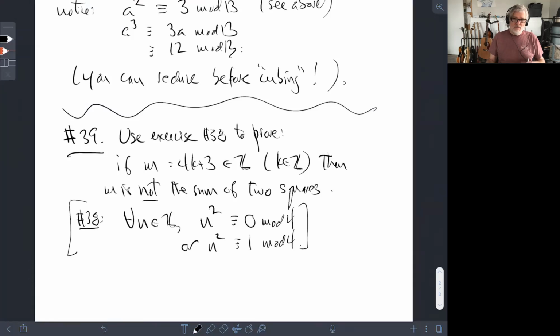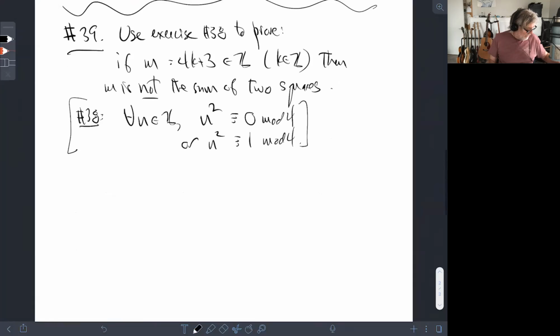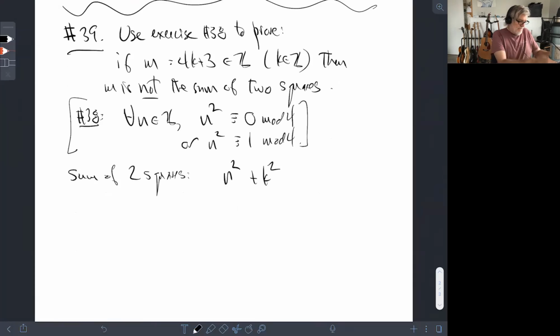Okay, so let's see what we can do with this. Okay, so let's take a sum of two squares. Let's say n squared plus k squared. Okay, so this is not my formal proof.